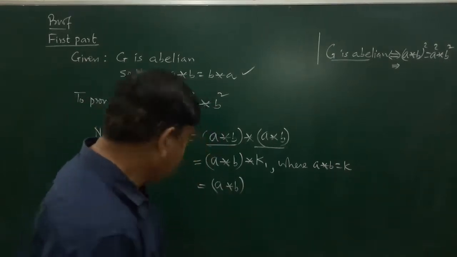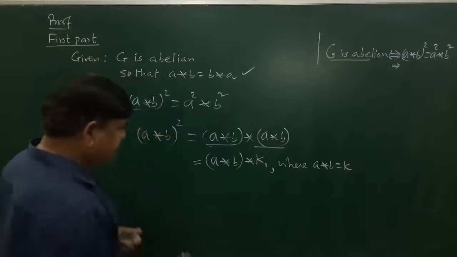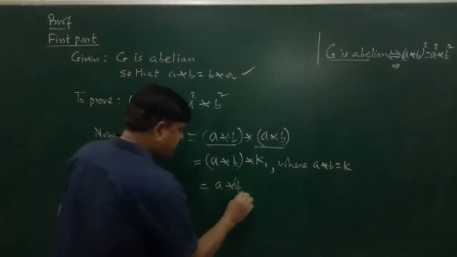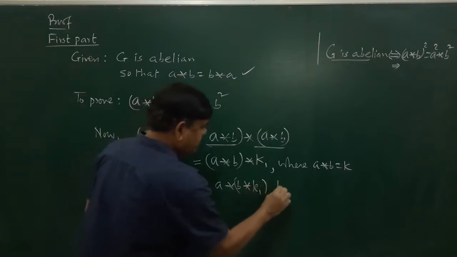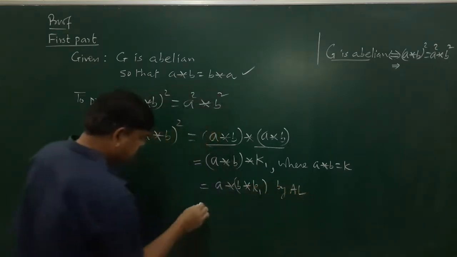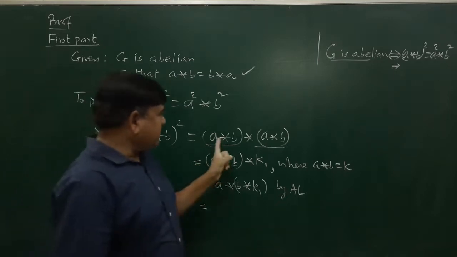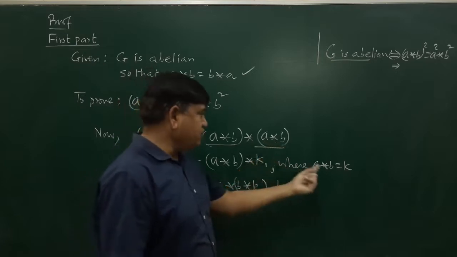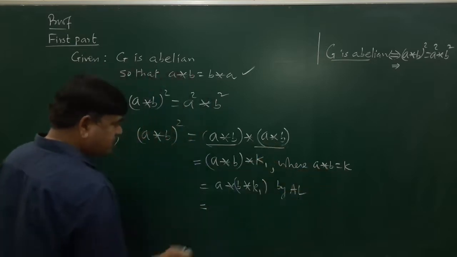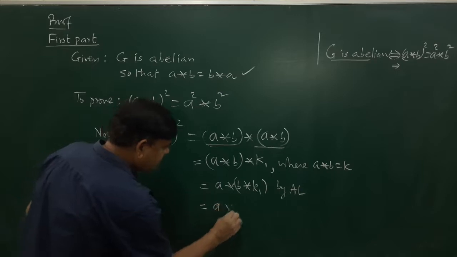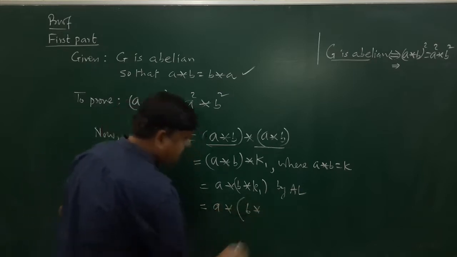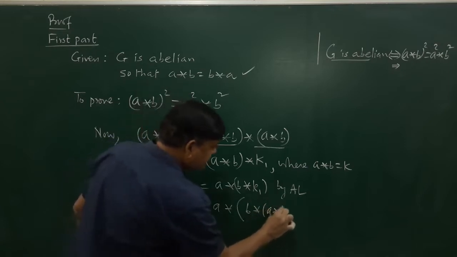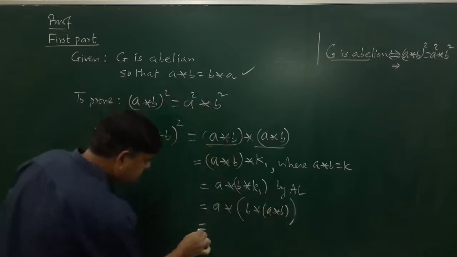Now we apply the associative law, because when we have more than this type of situation, we assume a single letter and then we apply the law. Then it is a star, this is b. What is k1? k1 is a star b.